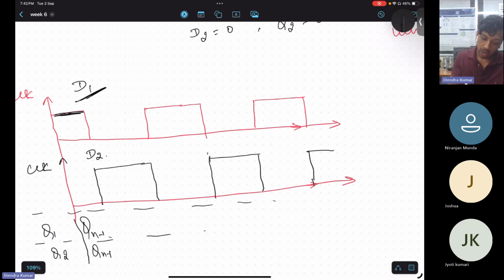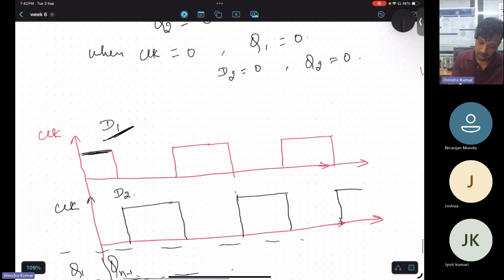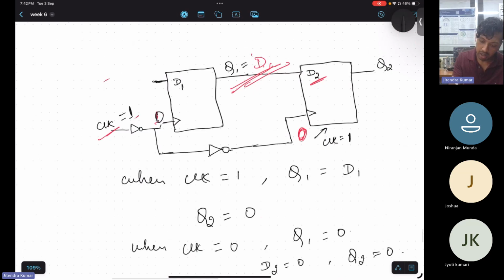Now, when the clock of D1 is 0 and clock of D2 is 1, in that condition, what will happen? Clock of D1 is 0, it means it is going to be 1.